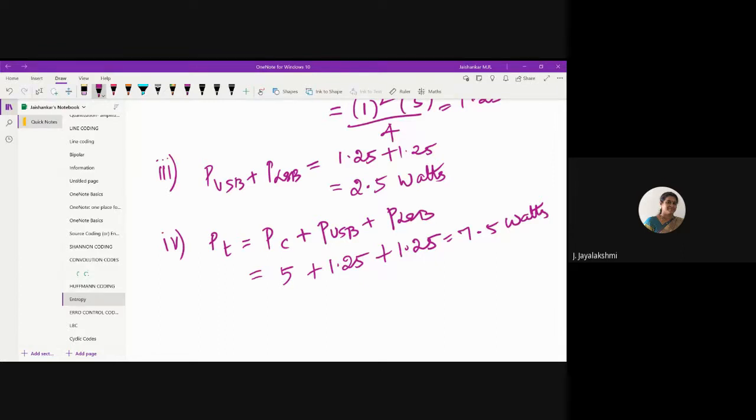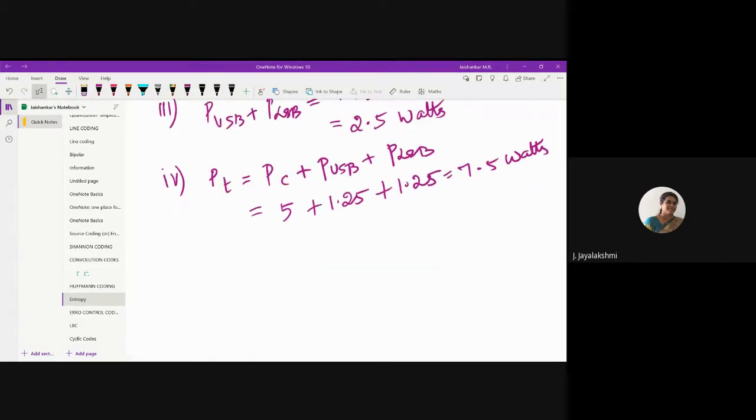The other way you can calculate the power of the modulated wave, instead of this formula, is total power equal to carrier power into 1 plus ma square divided by 2. Here the carrier power is the unmodulated carrier power.